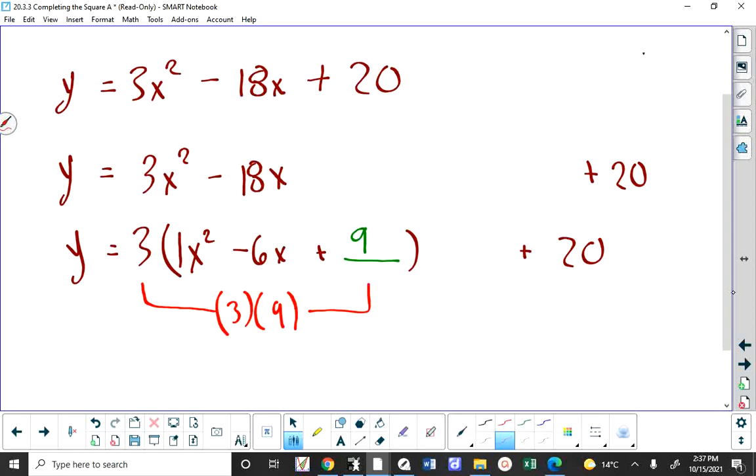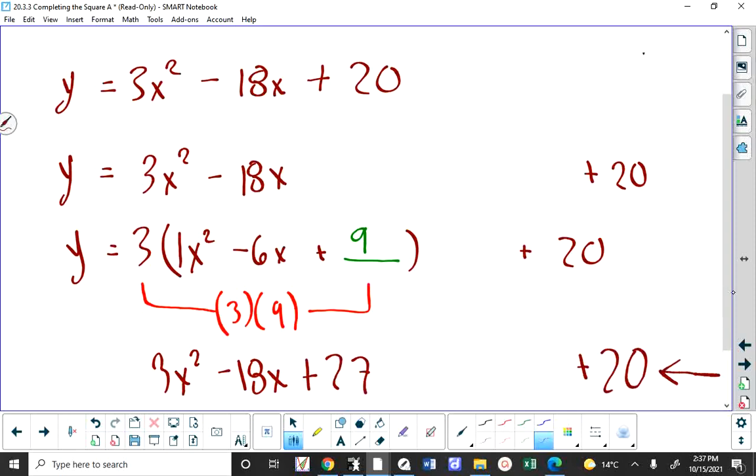If you were to expand this out, you would get 3x squared minus 18x plus 27 plus 20. Look at this line and look at the question. What doesn't belong? The 27. So we've really added 27, which means I need to subtract 27. I don't subtract 9, I subtract 27.